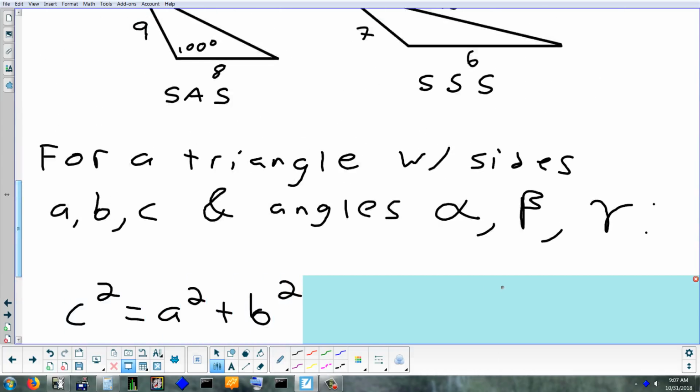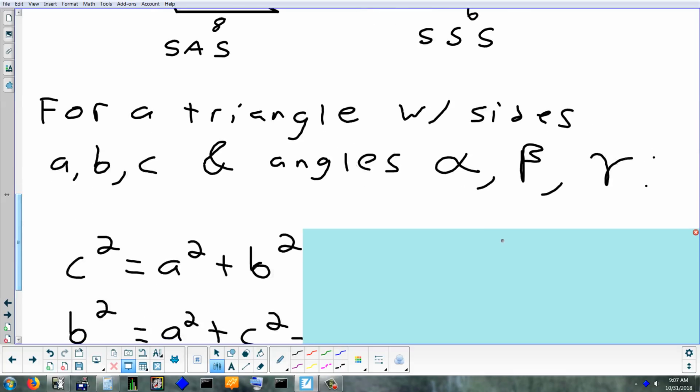What is that? Yeah, it's the Pythagorean Theorem. And there's more. The proof would use the Pythagorean Theorem, but it also uses some other things that we haven't learned yet, so I'm not going to go through where this formula comes from.